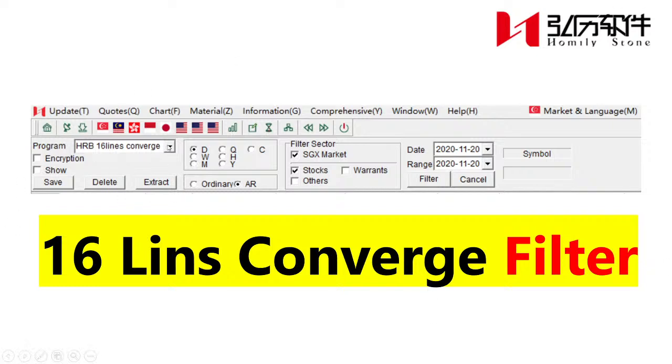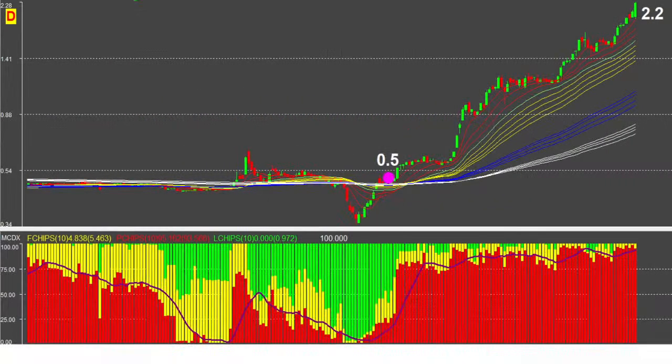After you click this triangle, we have a lot of programs: dark horse point, dark horse speed, the rainbow lines converge, or we can also use the multi-color dragon. We just filter any shares having big fish flow in. We click filter, so it will scan automatically for us, and all the shares it scans will be this pattern.